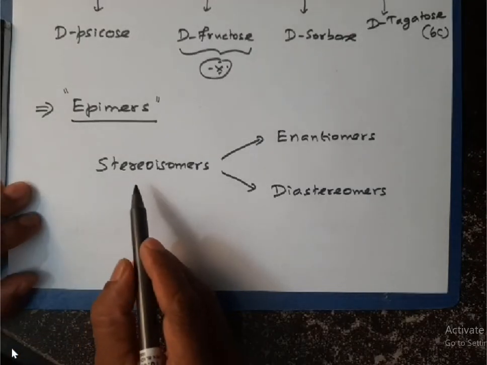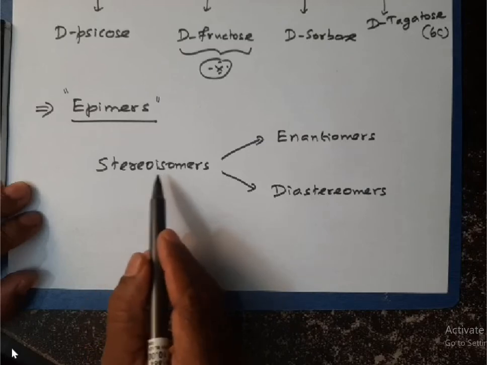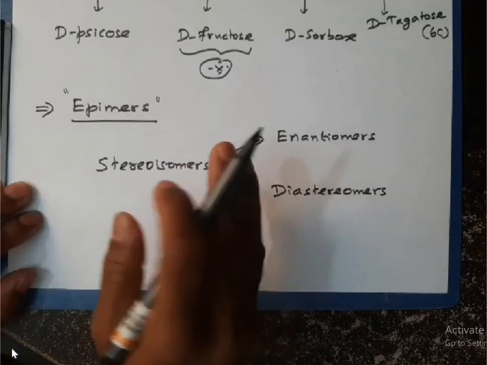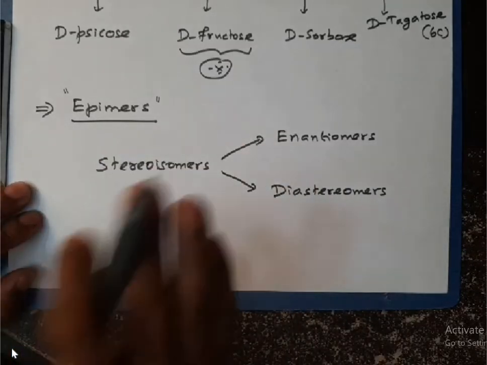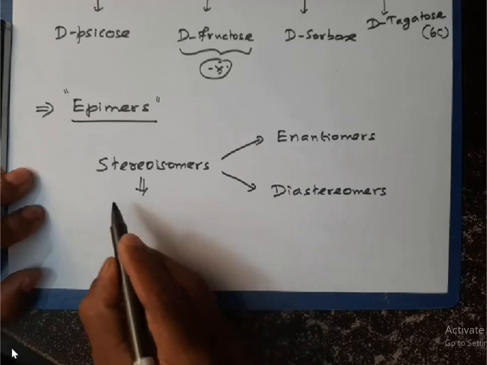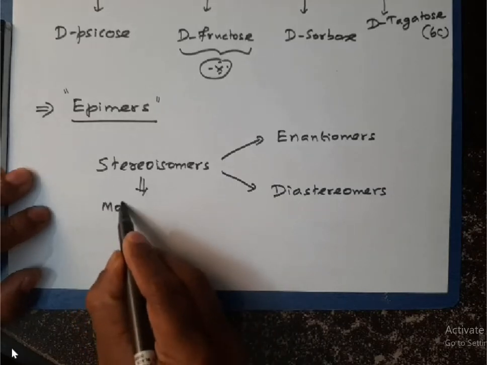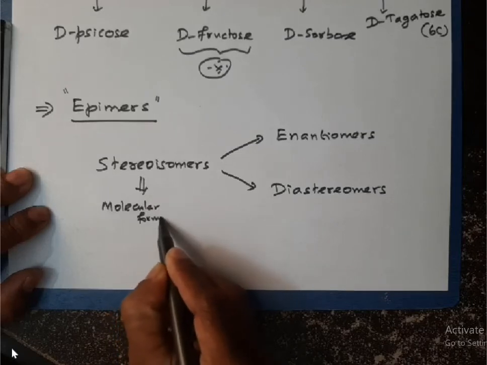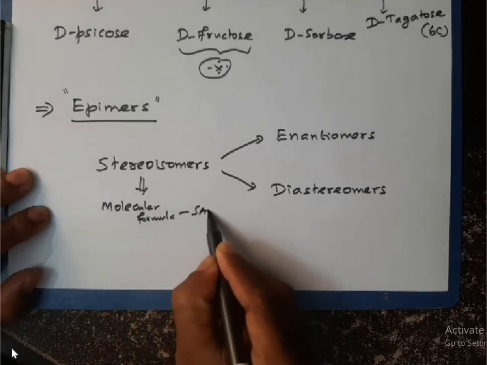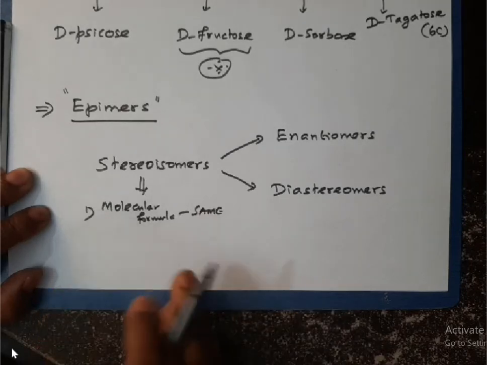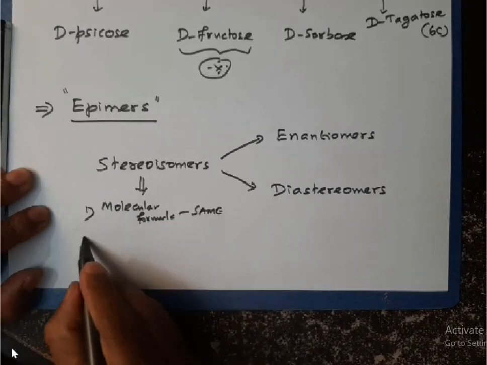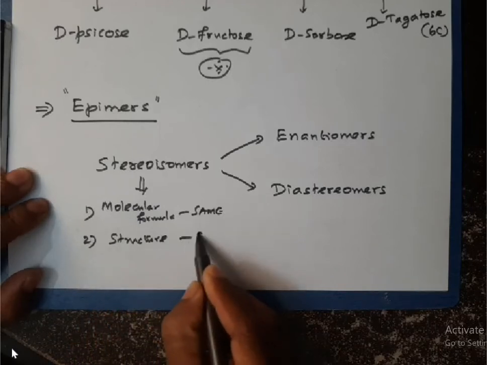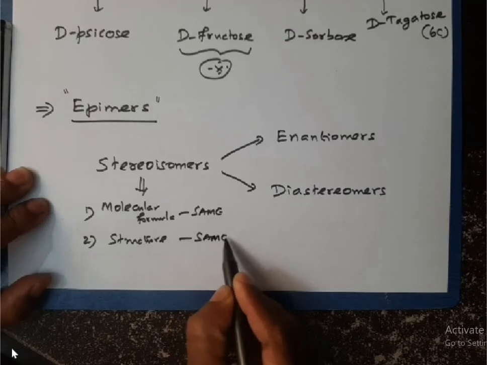Stereoisomers means, suppose you take 2 molecules, they have the same molecular formula and the same structure.